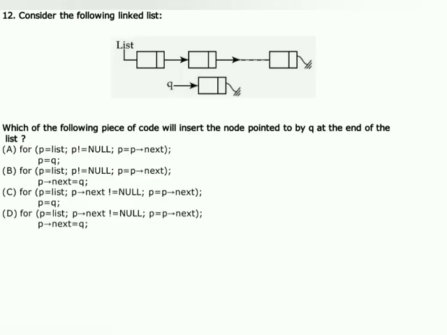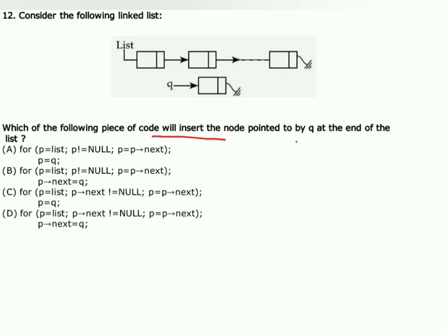Next, consider the following linked list. Given the linked list, which of the following pieces of code will insert the node pointed to by Q at the end of the list? So for the given list, which of the given options will insert Q at the end of the list?